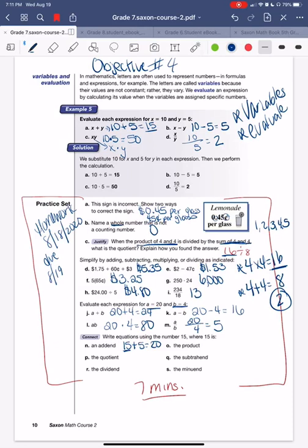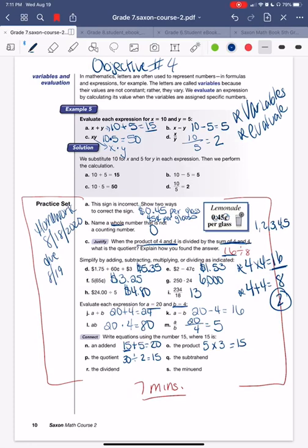The product should be our answer when multiplying, so we could say 5 times 3 equals 15. This time it should be our quotient, which is the answer we get when dividing. So I can say 30 divided by 2.